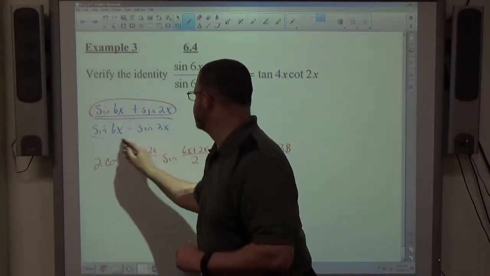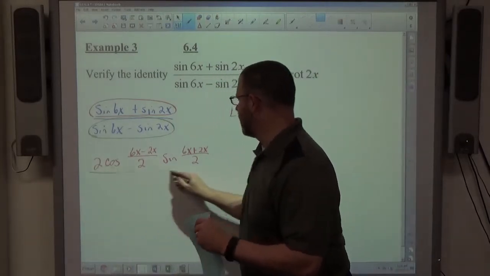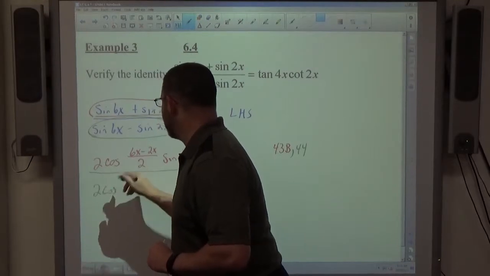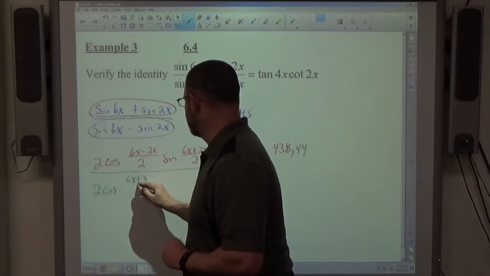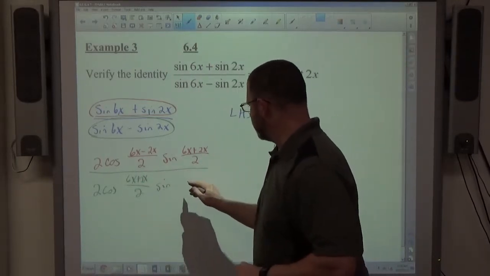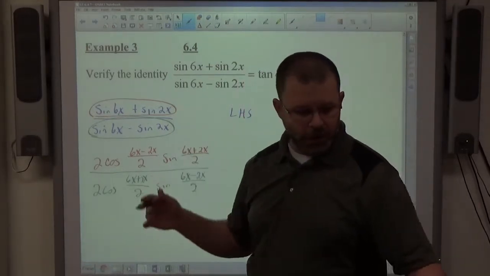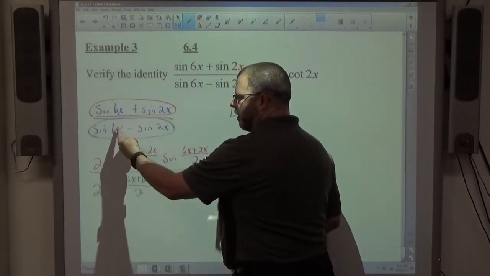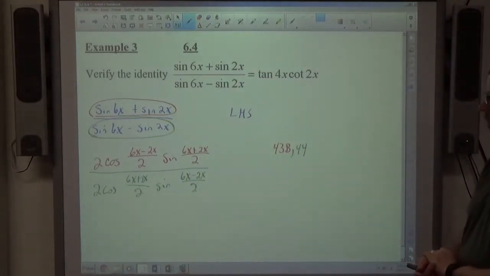On the bottom, I'm going with number 44, and that tells me that sine of x minus sine of y is 2 cosine of x plus y over 2, that's 6x plus 2x over 2, sine of x minus y over 2, so that's 6x minus 2x over 2. So again, when you're looking at these structures, the first one's x, the second one's y. The first one's x, the second one's y. And again, that's just 43b and 44.